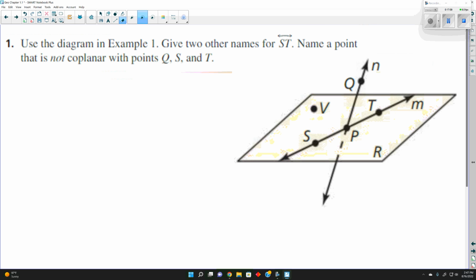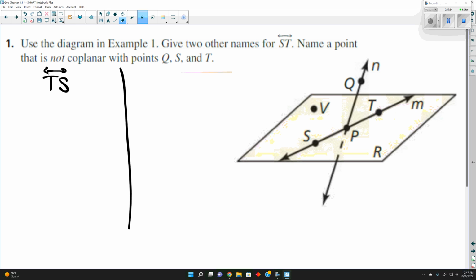Use the diagram in example 1. So this diagram here. You have 2 other names for line ST, and then we want to name a point that is not coplanar to points QST. So 2 other names for line ST. TS would work.